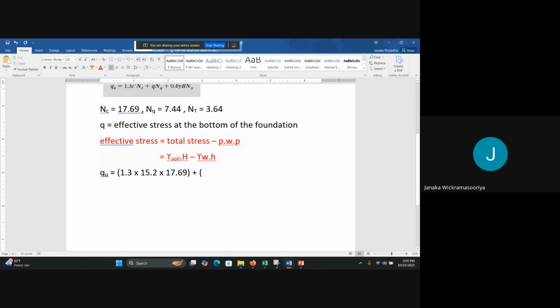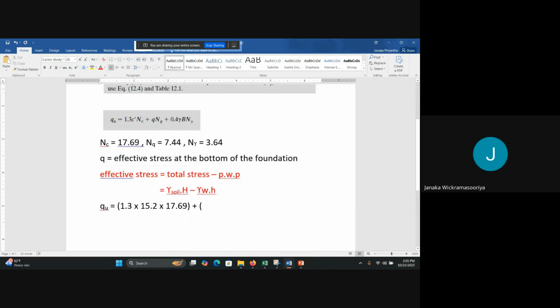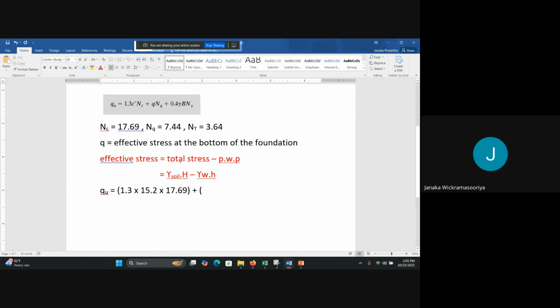This H is the total height and this H is the water height. Since you don't have any water here, then effective stress is simply equal to the total stress.